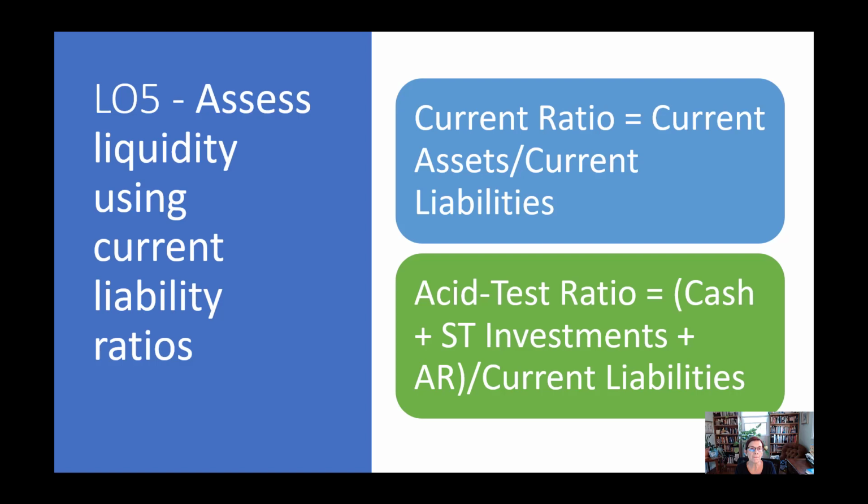For example, if your accounts receivable are going up, that might not be a good thing. That might mean that your receivables aren't being collected, right? And there's something wrong there. Now, if your sales are going up and your receivables are going up, that might be okay. But you understand that just because your current assets are going up, that doesn't necessarily mean that it's a good thing. The other thing is, what about if your inventories are going up?